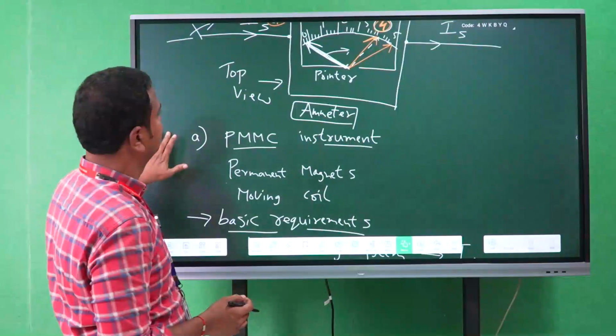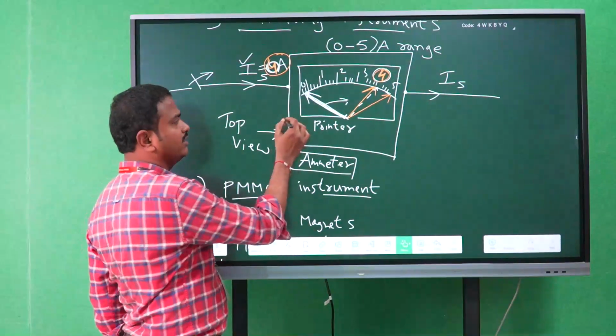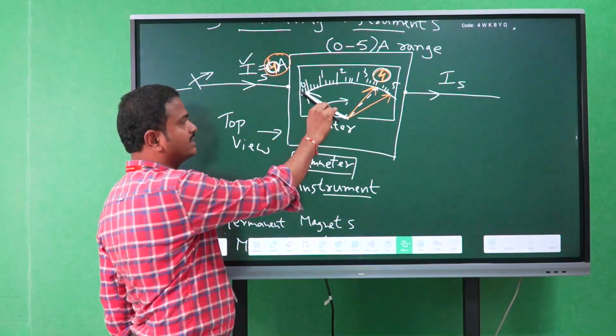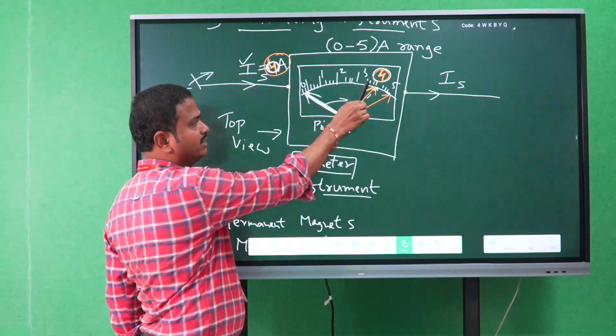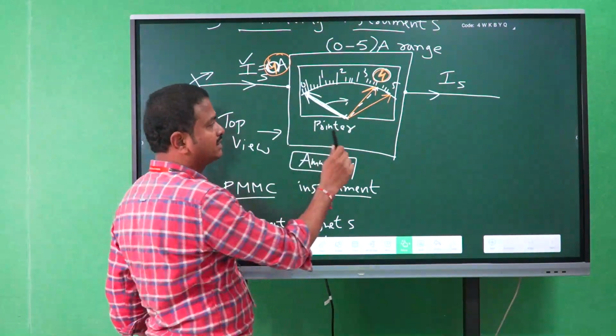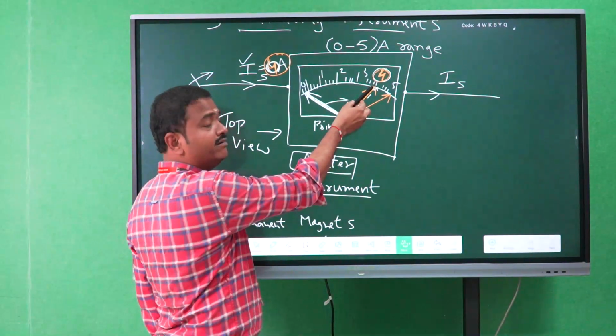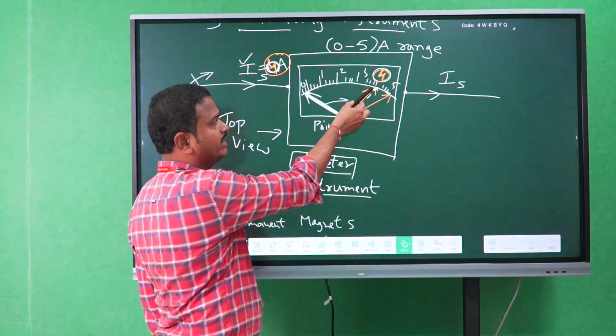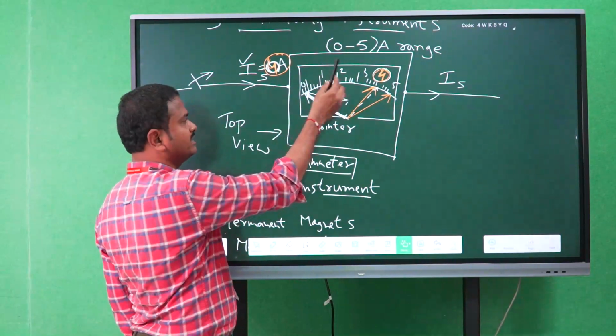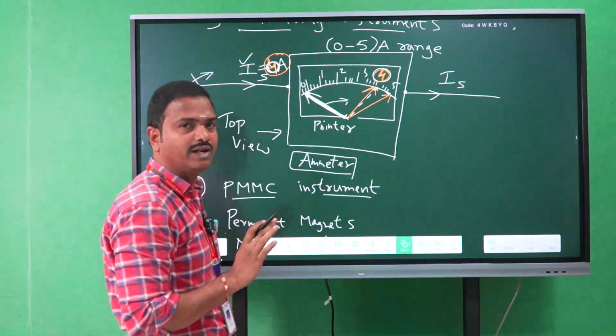Whenever deflecting torque is acting, the pointer starts moving on the scale to represent the 4 amperes reading. Next, what is the need of controlling torque? It should stop the pointer at its final state, nothing but 4. If the current is 4 amperes, the pointer should stop at the 4 amperes reading.